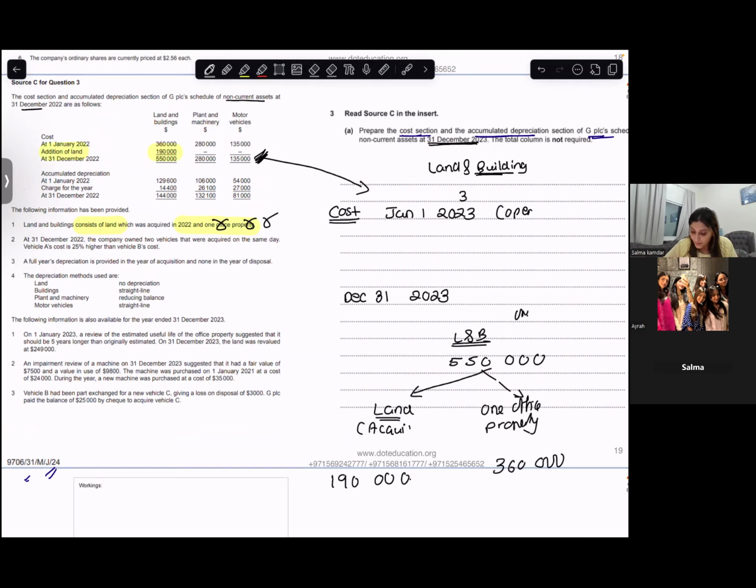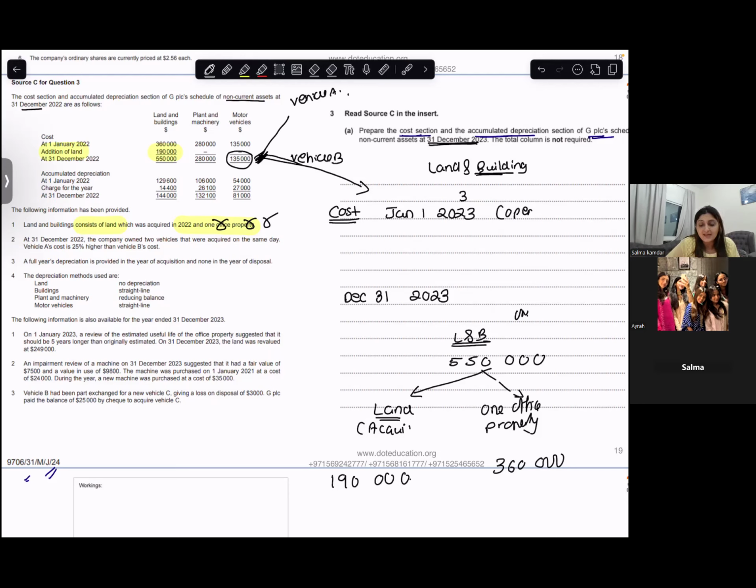So on 31st December 2022, the company owns two vehicles acquired on the same day, vehicle A and vehicle B. One is vehicle A, one is vehicle B, and vehicle A is 25% more.